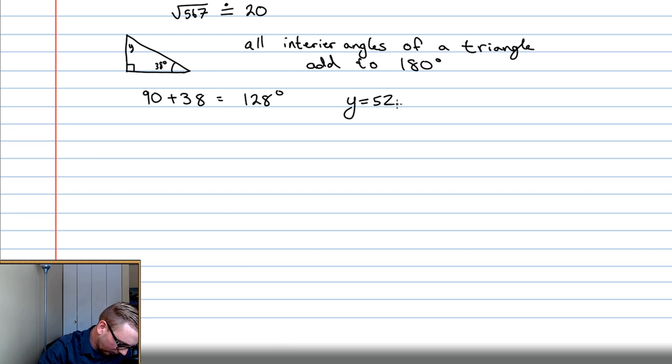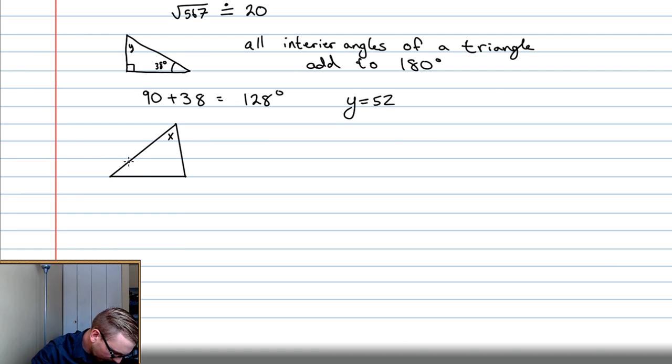Let's see, what else does she have? Work out the angle of x. Okay, here's our triangle. And it's not a right triangle, but this is x.